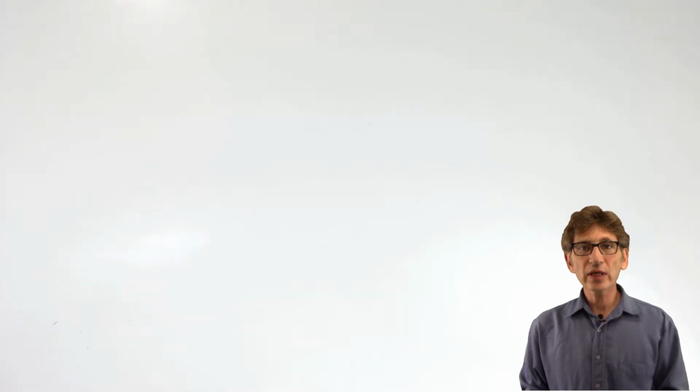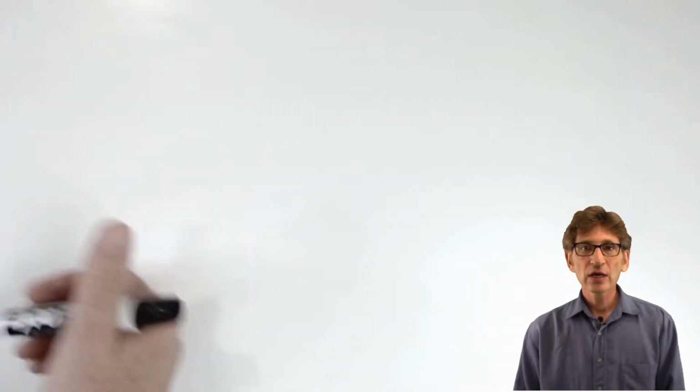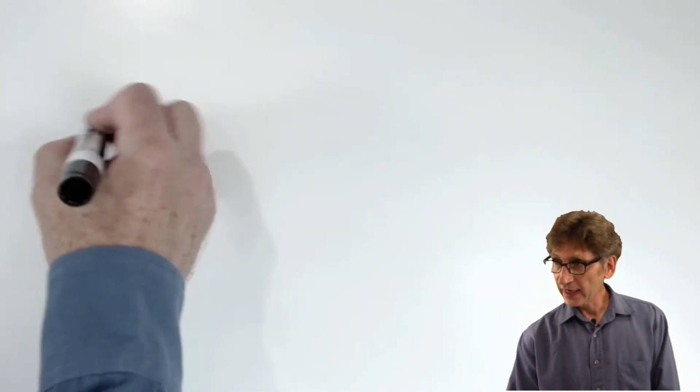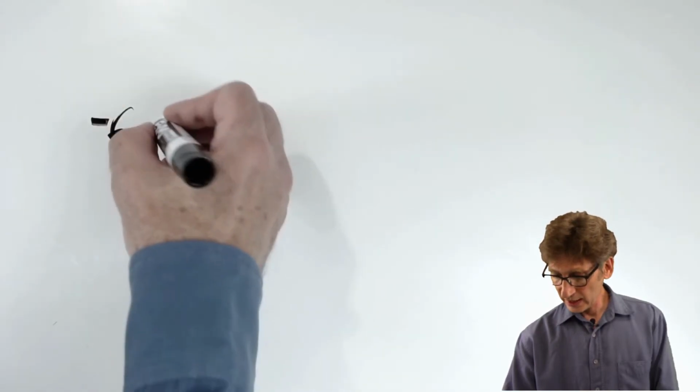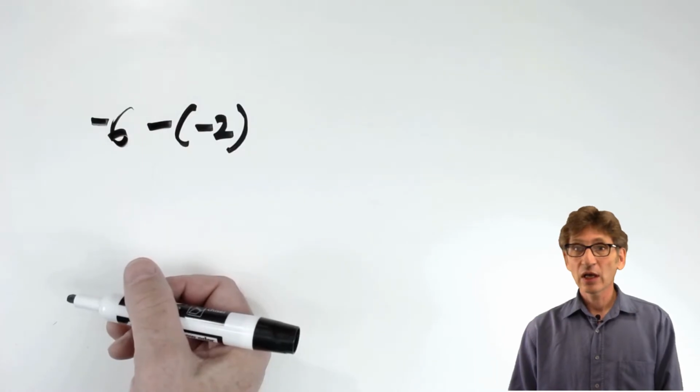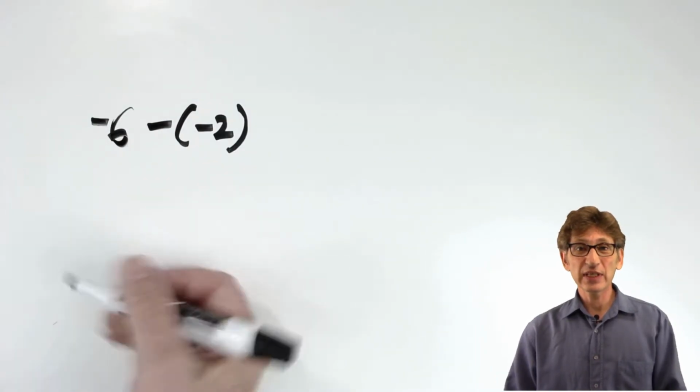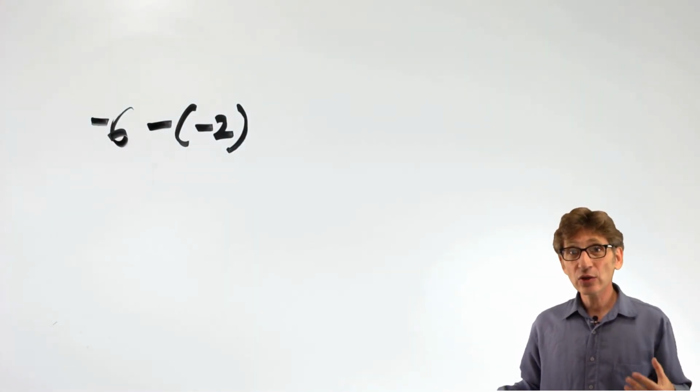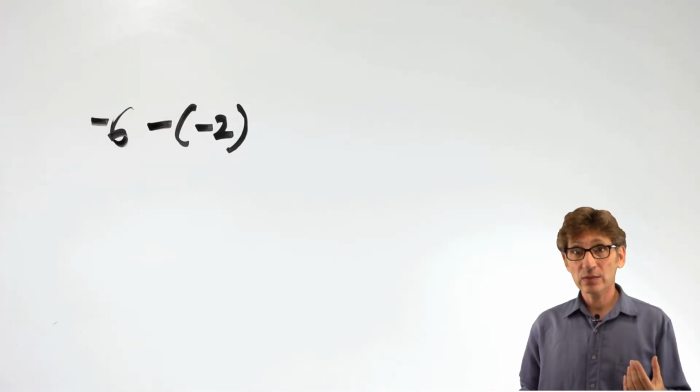There's another really interesting situation when I'm subtracting a negative number. It's going to look a little bit different. If I have negative 6 and I'm subtracting negative 2, well, subtracting a negative number means I'm taking away some negatives. There are a few different ways to think of this.